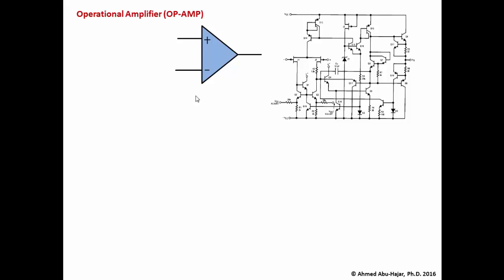Now, why are op-amps important? Because op-amps as a module are used in many applications, including amplifiers, including filters, we call them active filters, including mathematical operations such as integrations, derivatives.